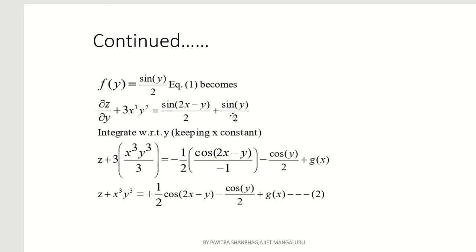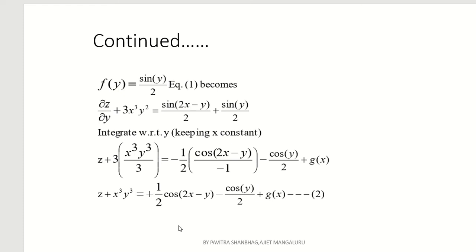Again, the integration of sin y is minus cos y divided by 2. Now since we are integrating with respect to y, the constant of integration is g(x), so plus g(x). Now simplify: 3 cancels, z plus x³y³ equals minus into minus, plus cos(2x − y)/2 minus cos y/2 plus g(x).